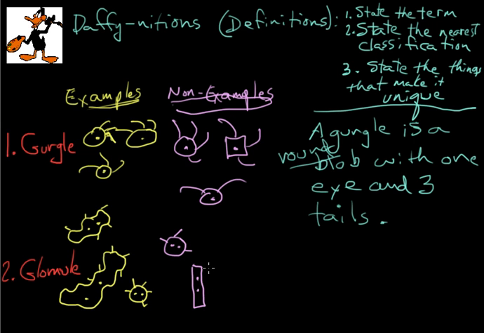This is not a glomule. And I think you guys are starting to understand why this is not a glomule. And my personal favorite not glomule is this not glomule.